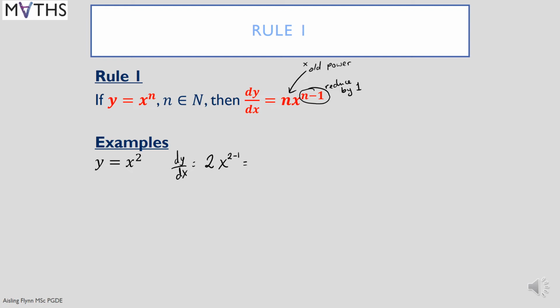So I end up with 2x to the power of 1. The 2 minus 1 gives me that, and we normally just write that as 2x.